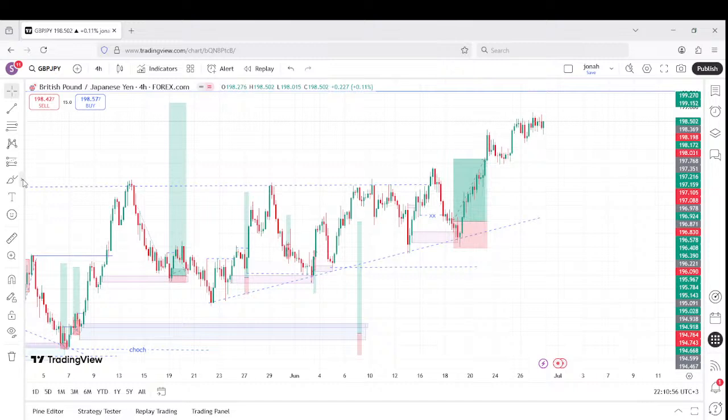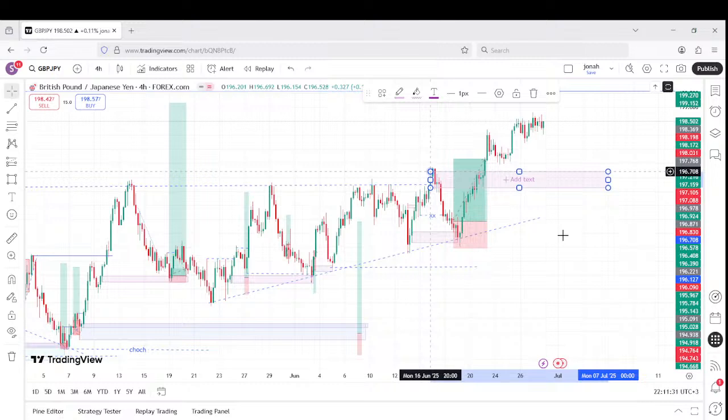I'm expecting it to retest this flip zone that was left here, and for the supply and demand traders, you know, this flip zone right here is the zone that I'm expecting GBP to retest, because GBP is actually still bullish. Yeah guys, GBP is still bullish. I'm hoping for further buys from this point.